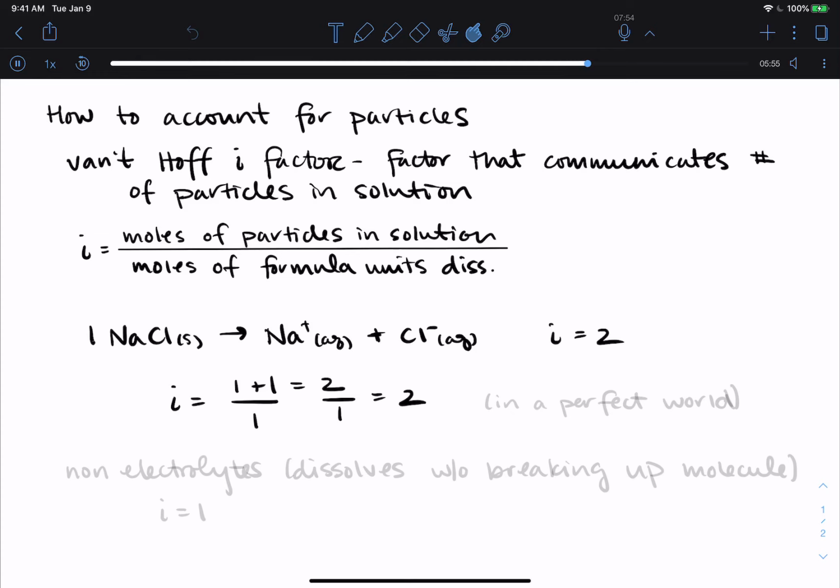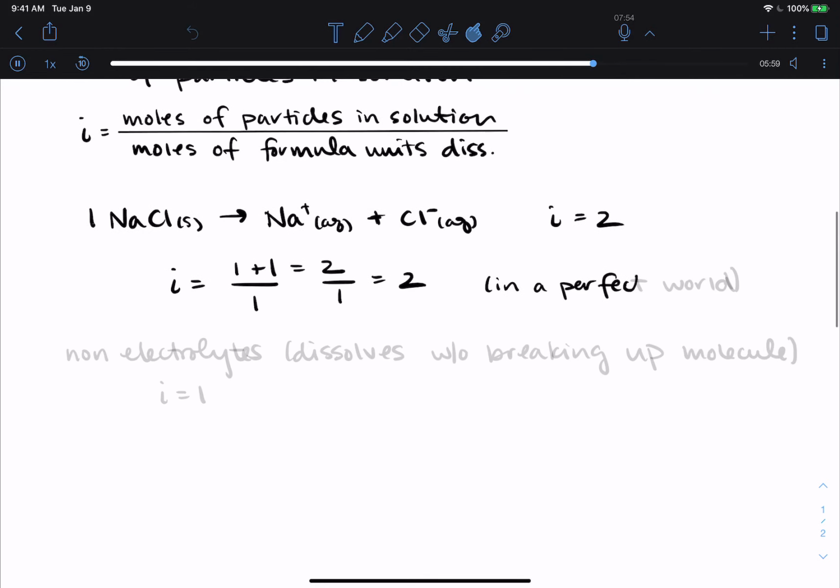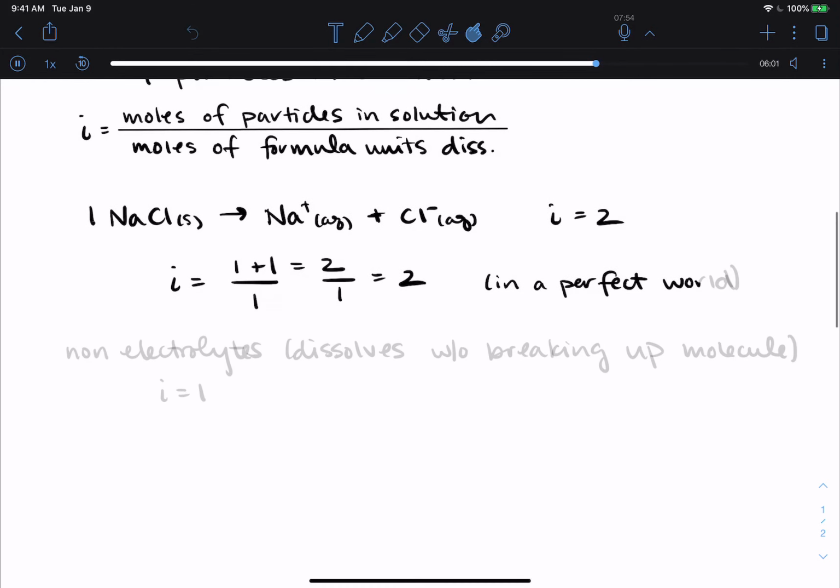So this is, in a perfect world, we are going to generally just pretend that we live in a perfect world. So there will be some cases, especially say if your solution is really concentrated, where your i factor is less than you would expect.